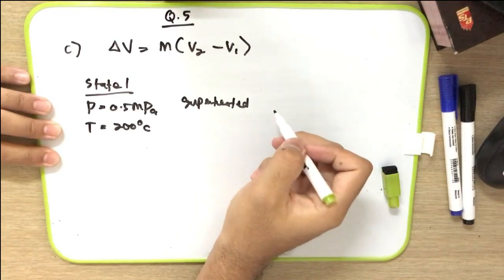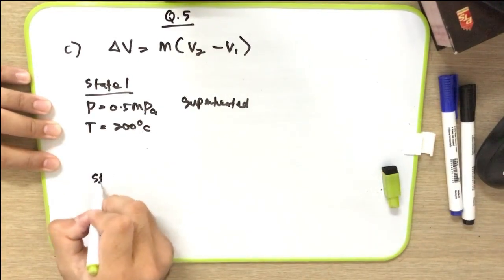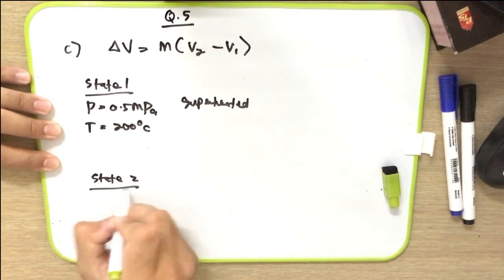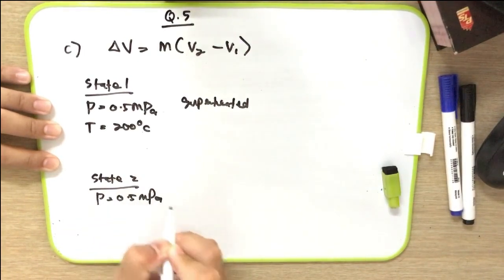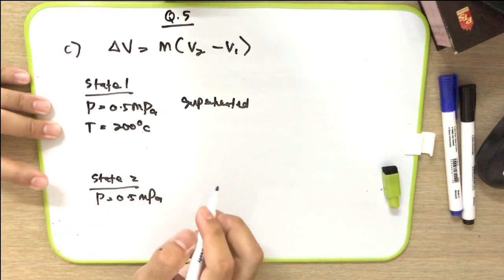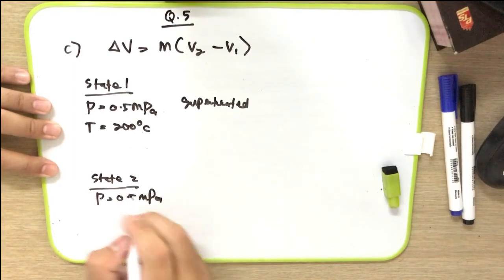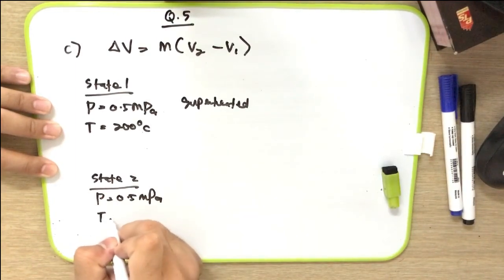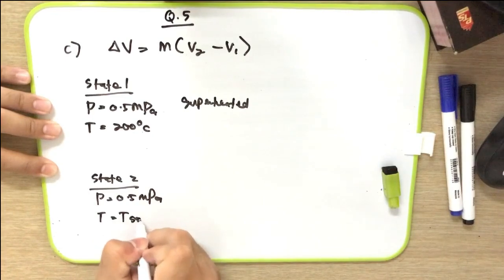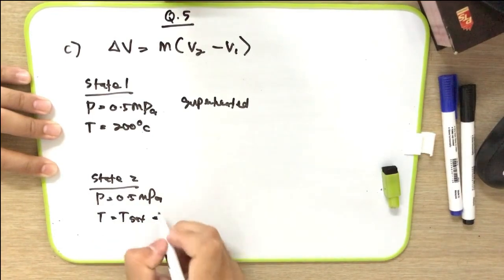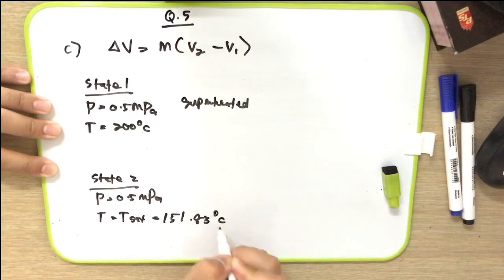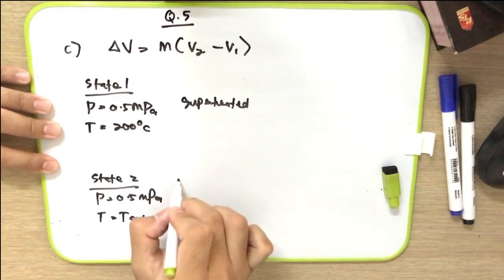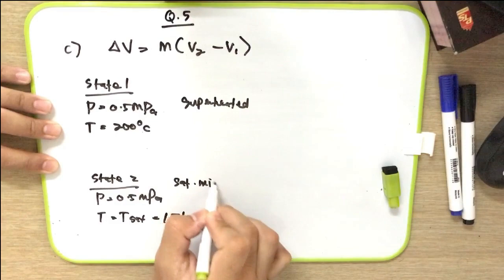State 2, the pressure is 0.5 megapascal, and we have found T2 just now, the final T, which is 151.83 degrees C. So it is a saturated mixture.